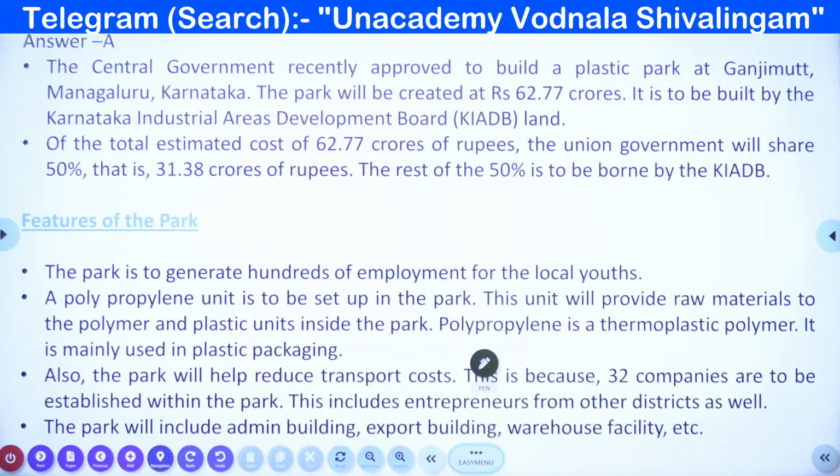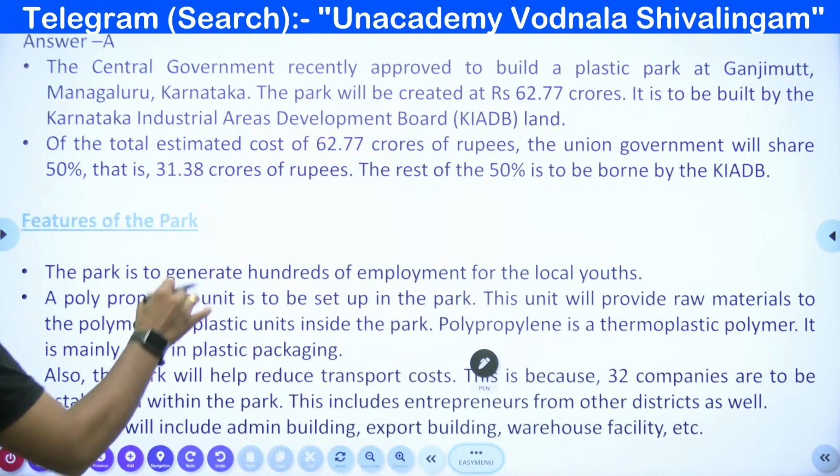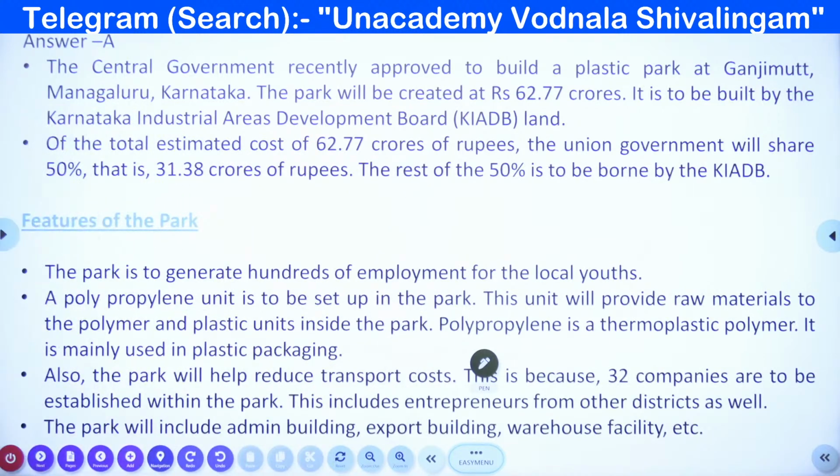Central government recently approved building a plastic park in Ganjimat, Mangaluru in Karnataka. The park will be created at almost 62.77 crores. It is built by the Karnataka Industrial Area Development Board, KIADB.